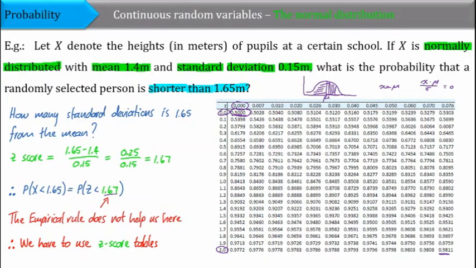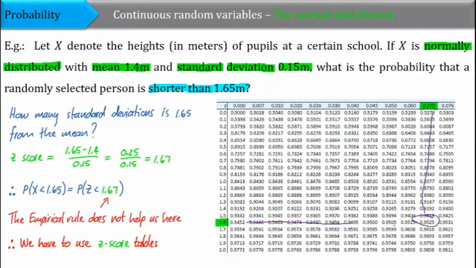So 1.67 is split up into 1.6 over here. So there I have 1.6. And then the 7 is actually 0.07, and I'll look for it here in the first row. So there it is, 0.07. Okay, so I've identified those two, and just like before, I'll look at where these two intersect.